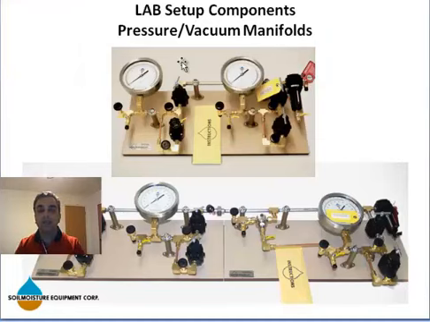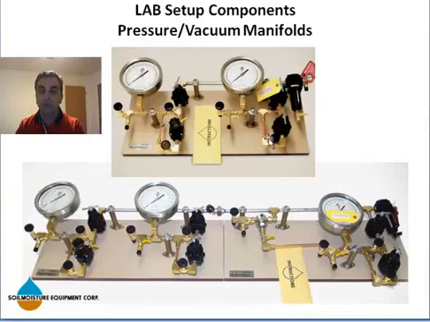I added these pictures just to show you that you can order combo manifolds. Here is a 2-station manifold used for model 1000 extractor, and this part is used for model 1500 extractor. And this manifold is a 3-station manifold that is used for our lab 1, 2, 3.